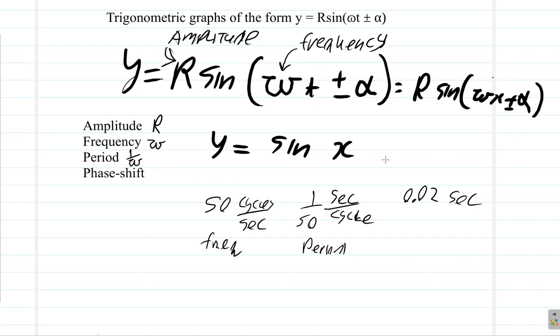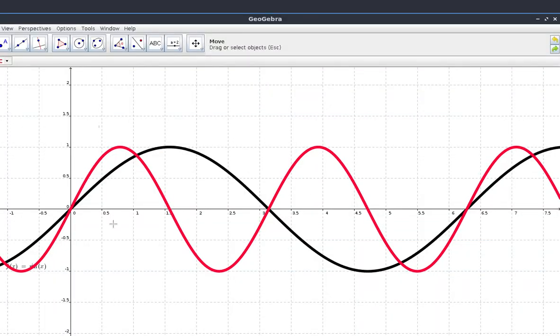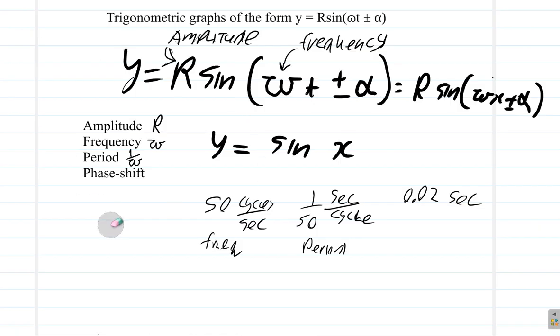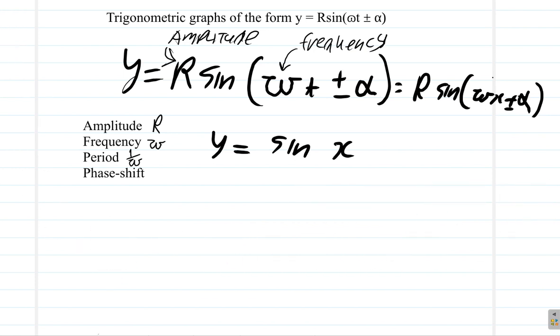Now let's look at the phase shift. Here, let's erase the red. This is y equals sine x. So I'm going to plot y equals sine x, and by the way, let me write it here first. What I'm going to plot is y equals sine x plus 1.